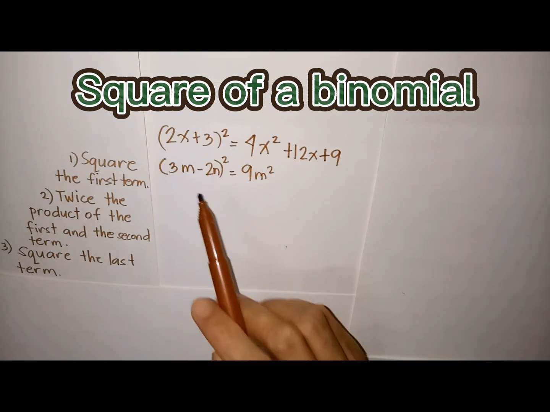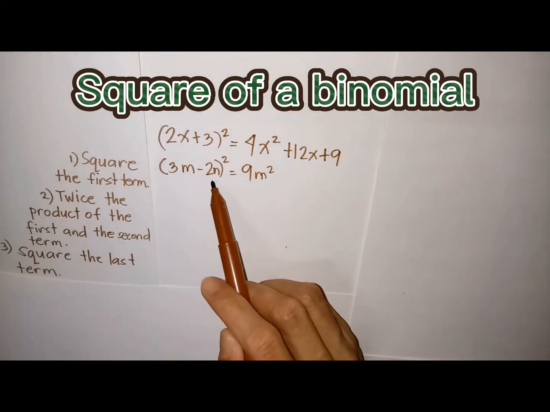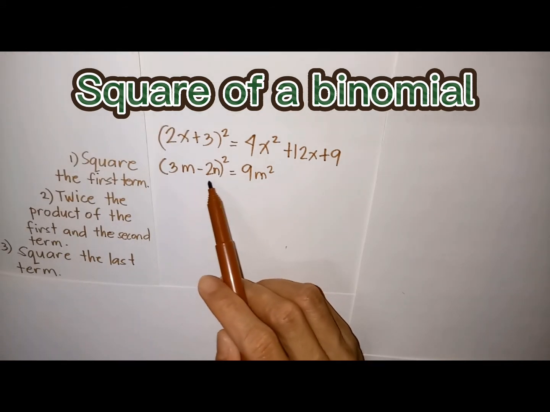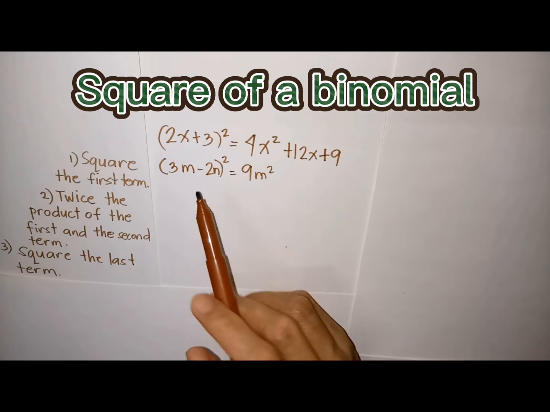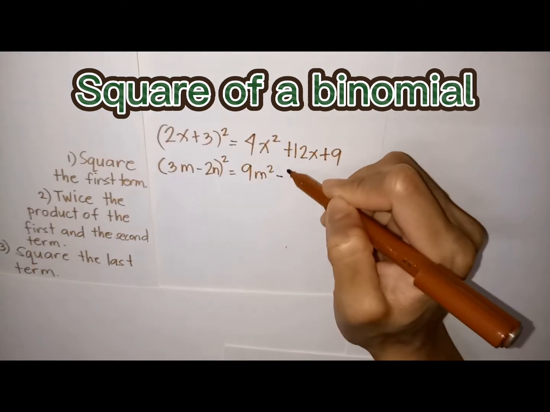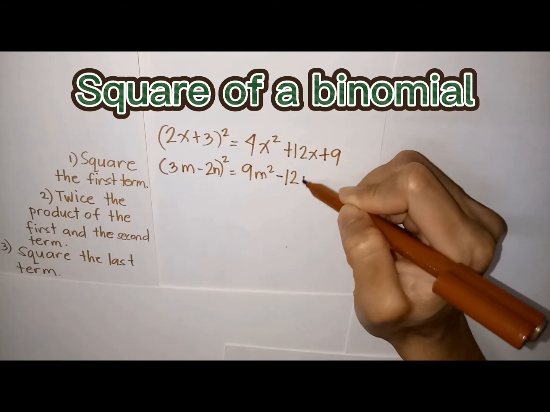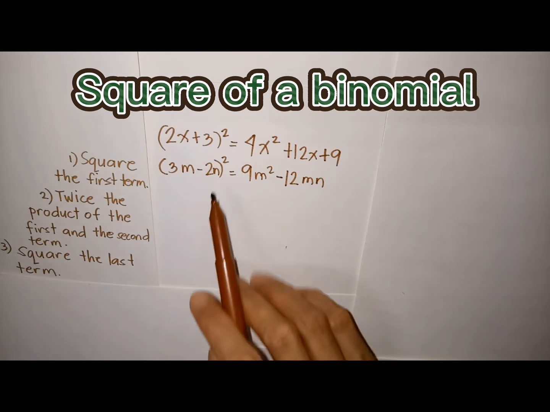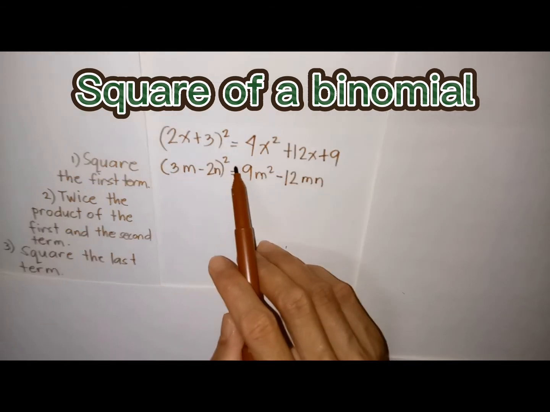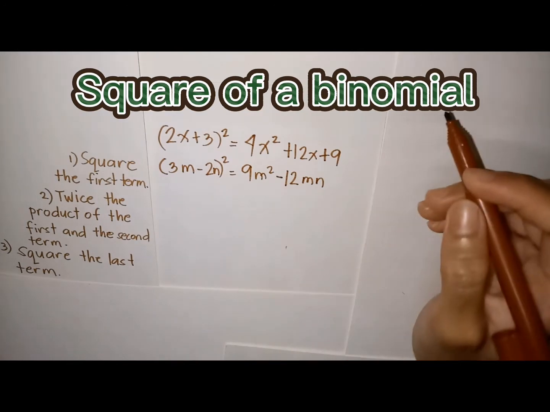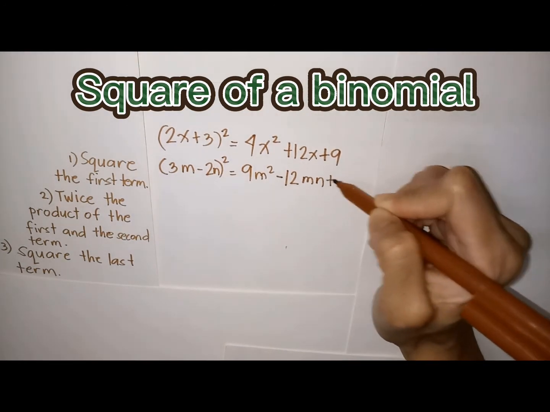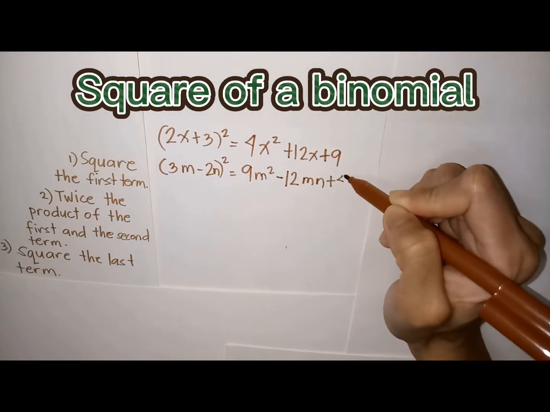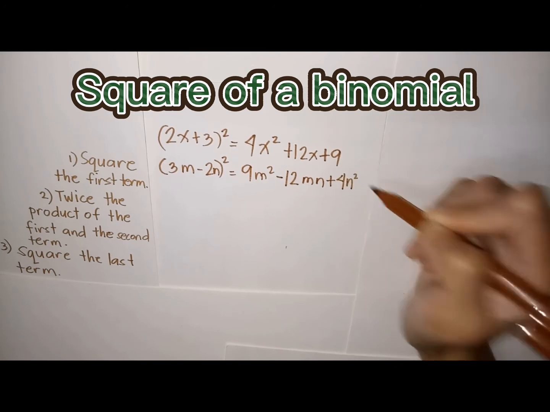So let us multiply the first term with our second term, that is 3m times negative 2n will give us negative 6mn times 2. We have negative 12mn. Then we have the last step, square the last term, negative 2n squared. We will have negative 2n times negative 2n, that is positive 4n squared.